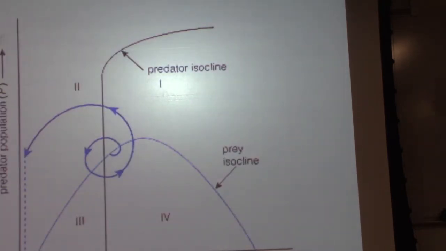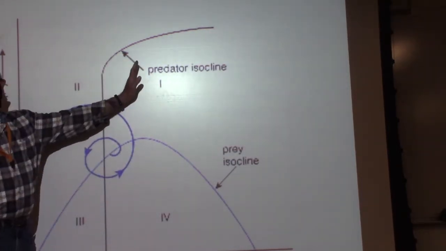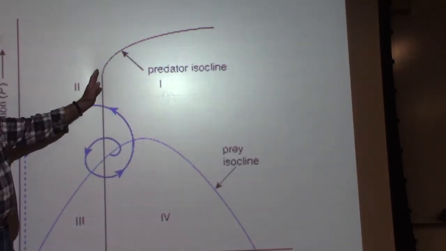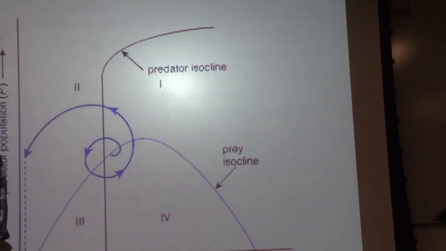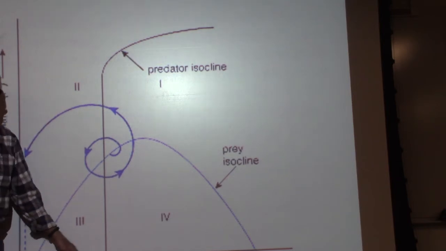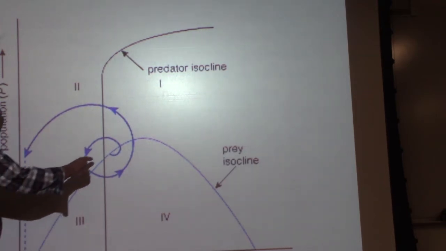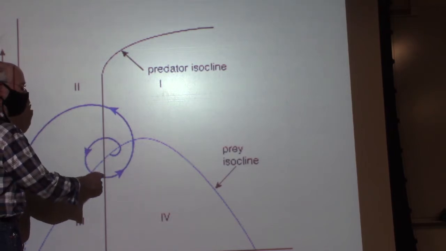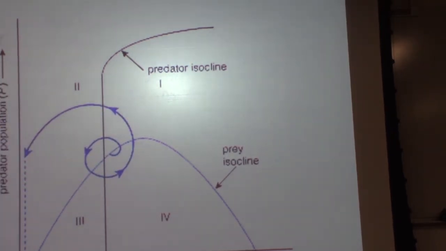In fact, here's an interesting scenario. If the predator isocline is shifted over to areas of low prey population density, notice what happens to the stable limit cycle. Instead of cycling in, it cycles out of control, and then it cycles through extinction.